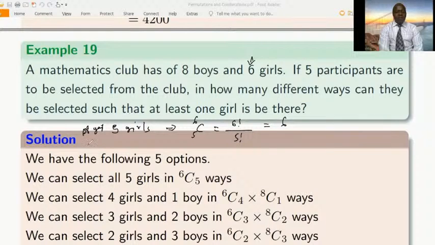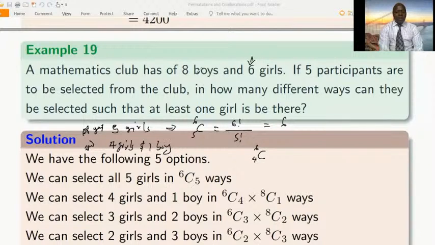The second group, you may want it to have 4 girls and 1 boy. So 4 girls out of 6 is combination 6, 4.